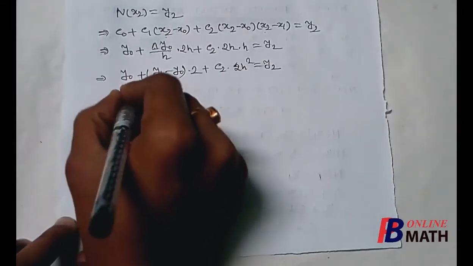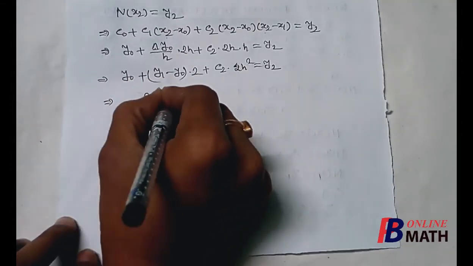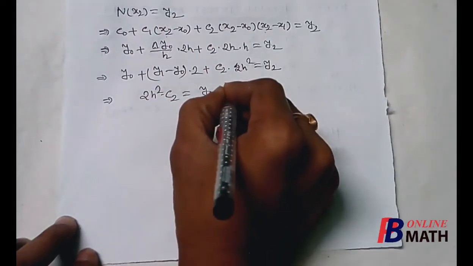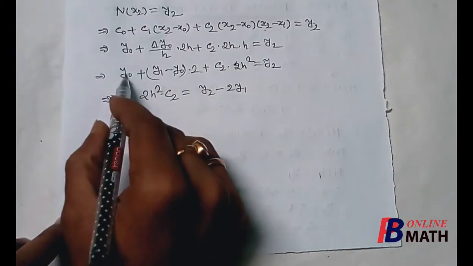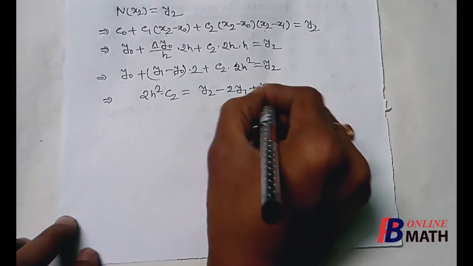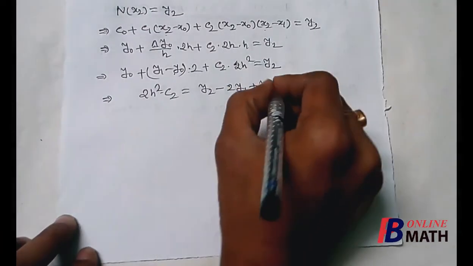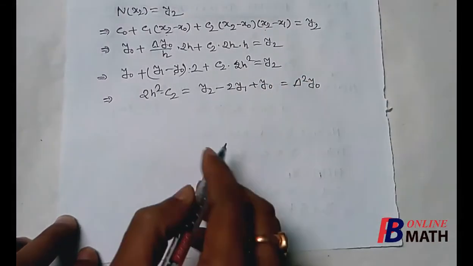So 2h square into c2 is equal to y2 minus 2y1, and this is minus 2y0 plus y0, so it is plus y0. Now if we look carefully, we shall find that this is nothing but the second order forward difference of y0.